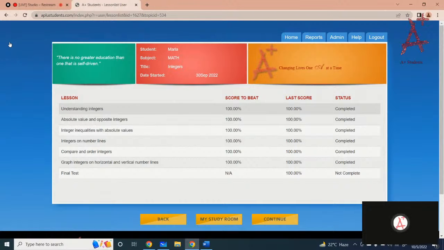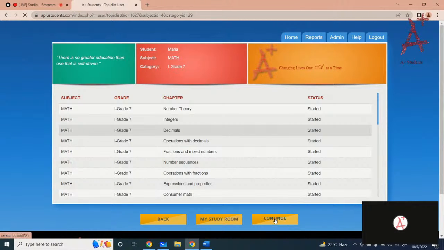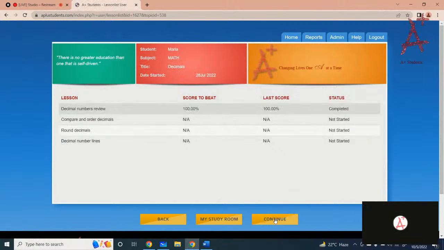Then you have to go to grade 7 maths, and we're going to start with the next chapter, and the next chapter is decimals. Let's start with the next topic, that is decimals. Okay, we're going to start with the very first topic, that is decimal numbers review.